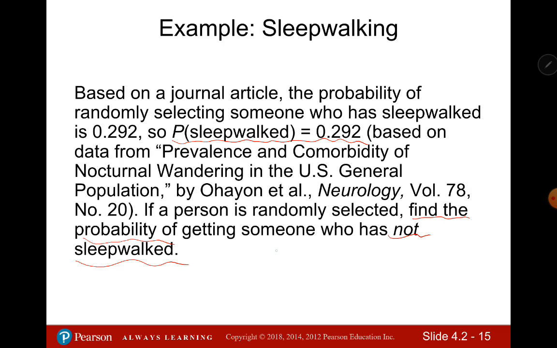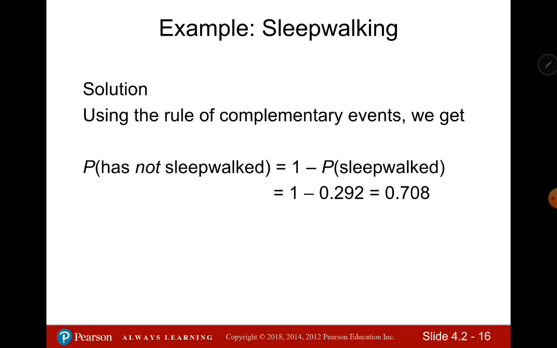So we know the probability of A, sleepwalked, equals 0.29. And we want to know the complement of A, P(A bar). So by the formula, 1 minus this P(A), we will get P(A bar). So that's how we get the probability of P(A bar), 1 minus P(A), right?